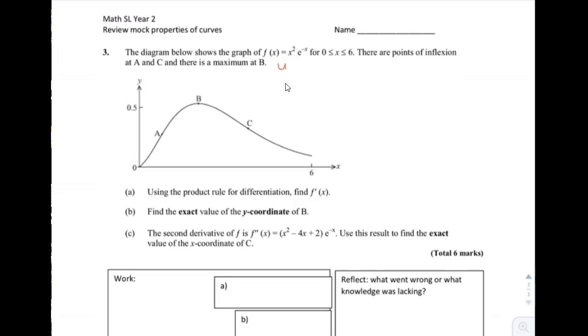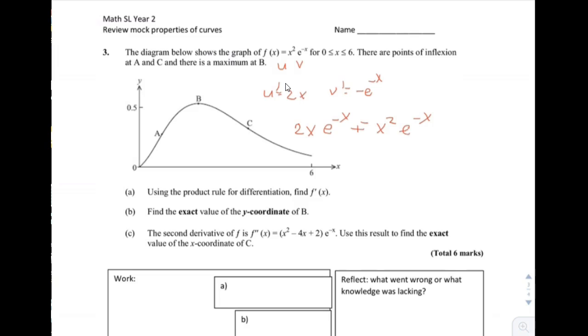So let's say that u is x squared and v is e to the minus x. So u dashed is equal to 2x. V dashed is equal to negative e to the minus x. Now let's use the product rule and differentiate. So we're going to have 2x, which is u dashed, times v, which is e to the minus x, plus u, which is x squared, times v dashed, which would be negative e to the negative x.